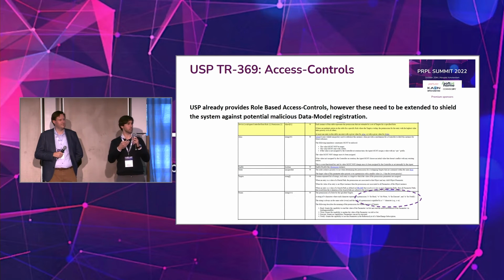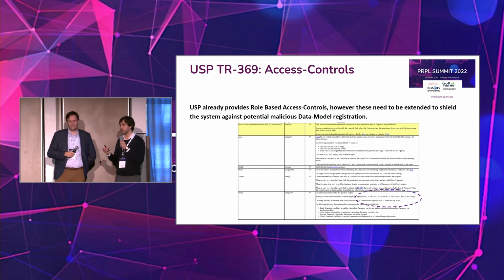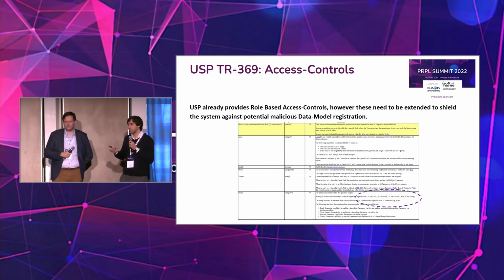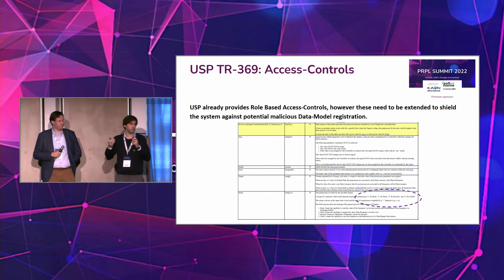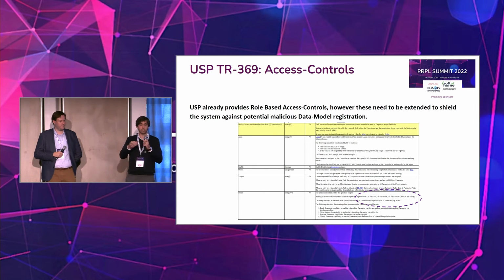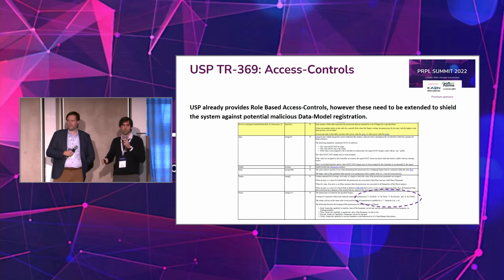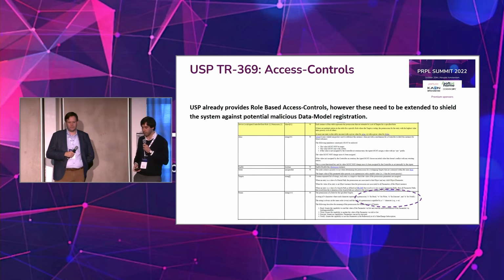Imagine that you are putting a speed test in your device. Maybe that speed test application needs to put some data models to read the results, maybe some commands to trigger the speed test, but you definitely do not want that application to advertise itself as the one that has Wi-Fi capabilities, because that's actually a security breach. Spoofing is common, and we need to find ways to mitigate that. So that's a discussion we are also having in BBF.